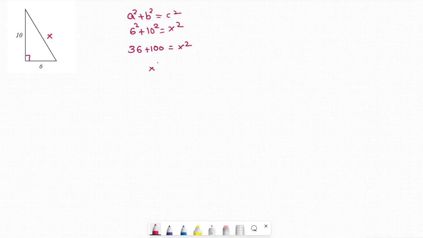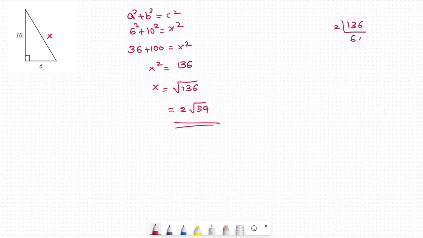So x square is equal to 136. So what is x? x is equal to the square root of 136. Now we can factorize that. 136 divided by 2 is 68, then divided by 2 is 34, and divided by 2 is 17. 17 is a prime, so we cannot do anything with that one.